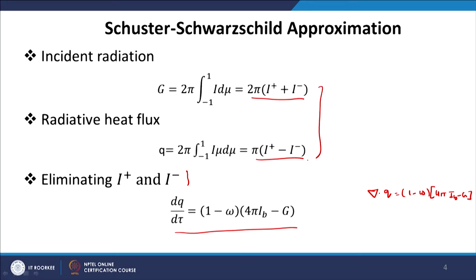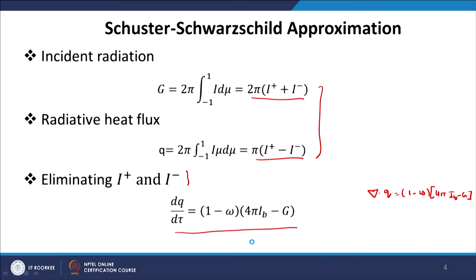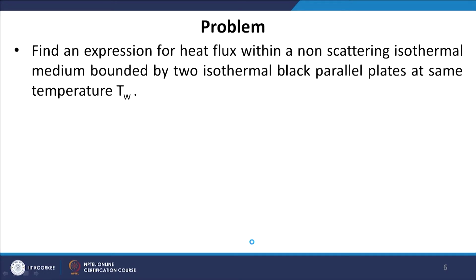So, G plus 2q will give us I plus, which is basically the boundary condition at the bottom surface, and subtracting gives us I minus, which is the boundary condition at the top surface. So, in terms of G and q we have represented our equations and boundary conditions, and now these can be easily solved.